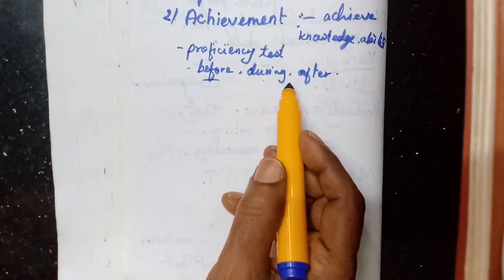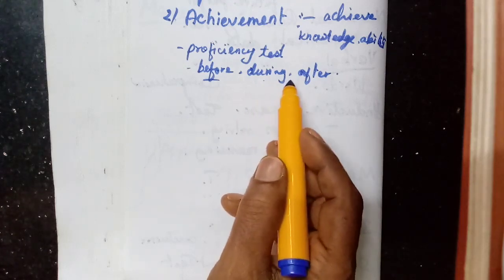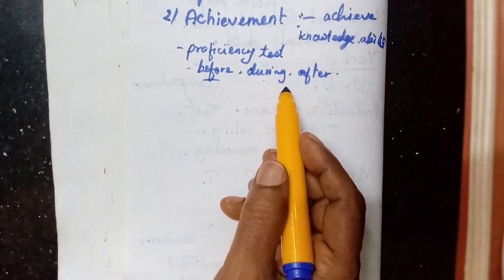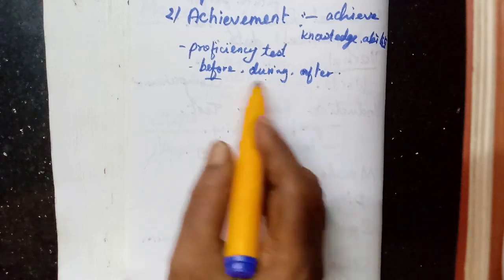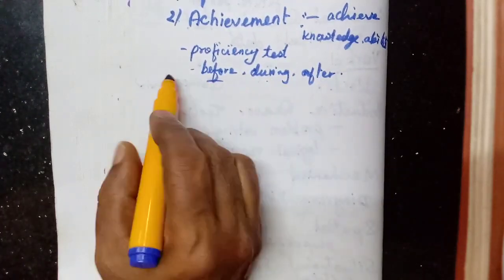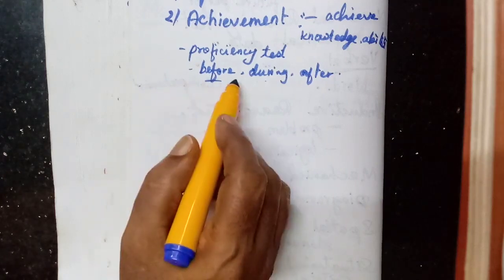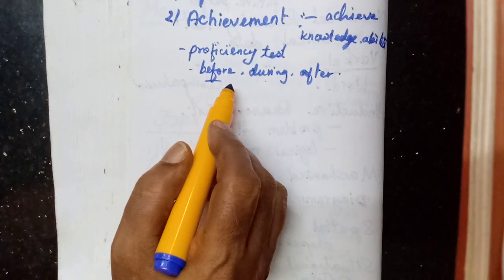After giving a certain training, after that they will test whether the person is able to drive without the help of the teacher. So some examples are given, a driving license, to get for a driver.